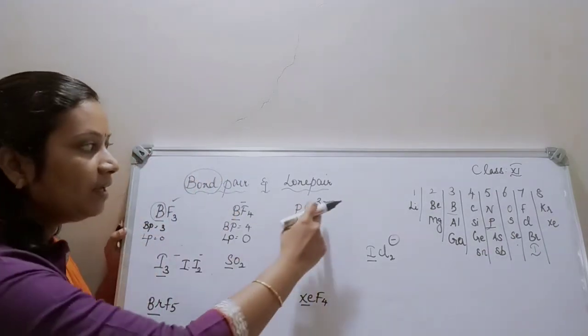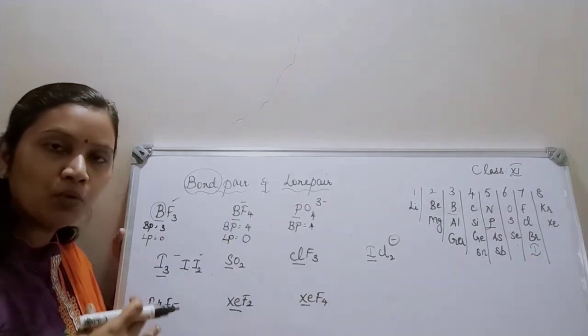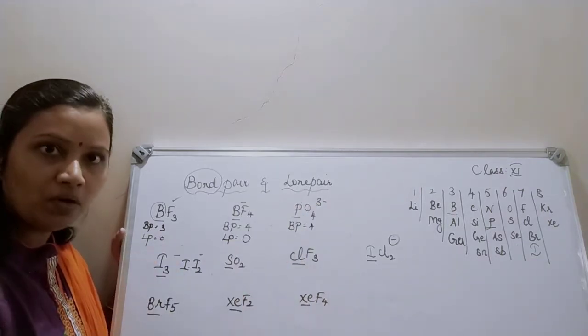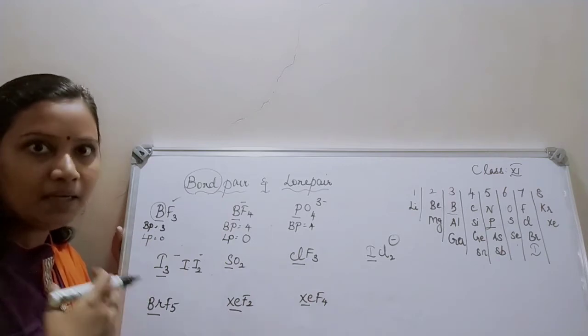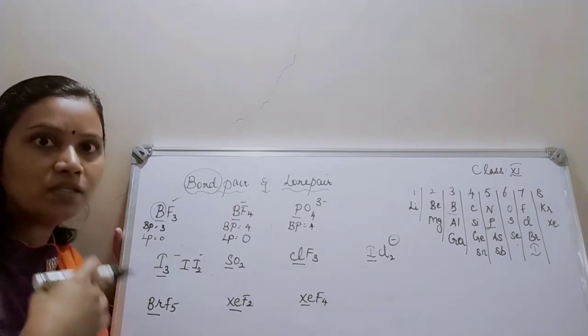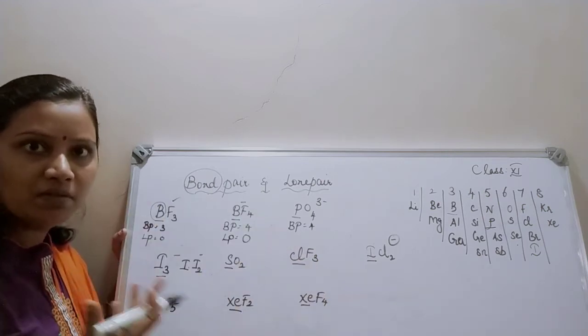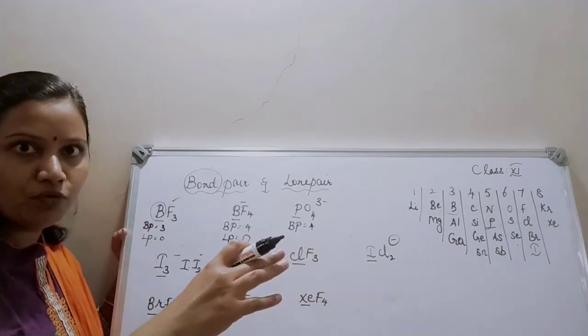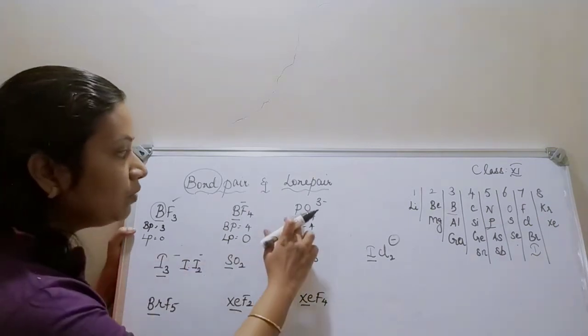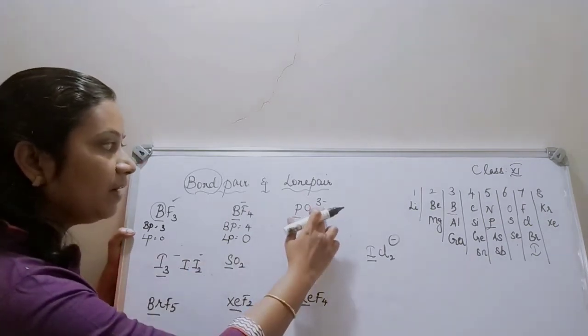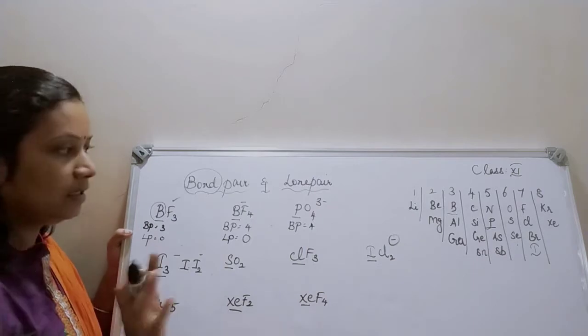When I get a minus sign, I am gaining negative charge. I have lost 3 plus, so 3 minus is left. The valency of phosphorus is 5, and 5 plus 3 is equal to 8.